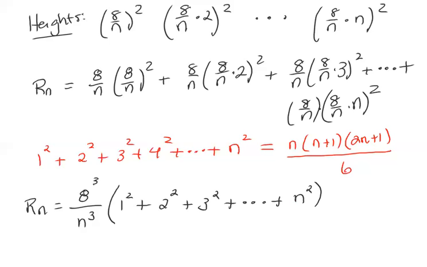Well, now that we have factored it, I can notice that this term is the same as this term up here. It's the sum of the first n squares, so I can replace it with this compact form using that formula. So this is equal to 8 cubed over n cubed times that formula, n times n plus 1 times 2n plus 1, all of that over 6.